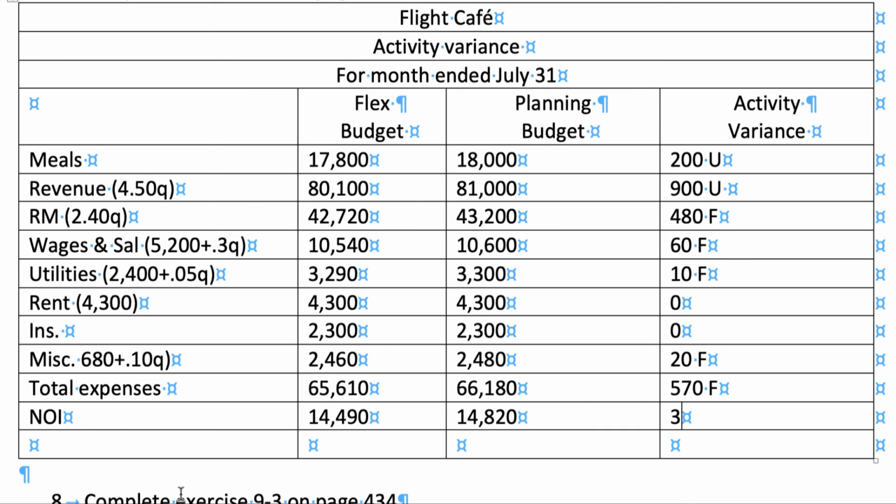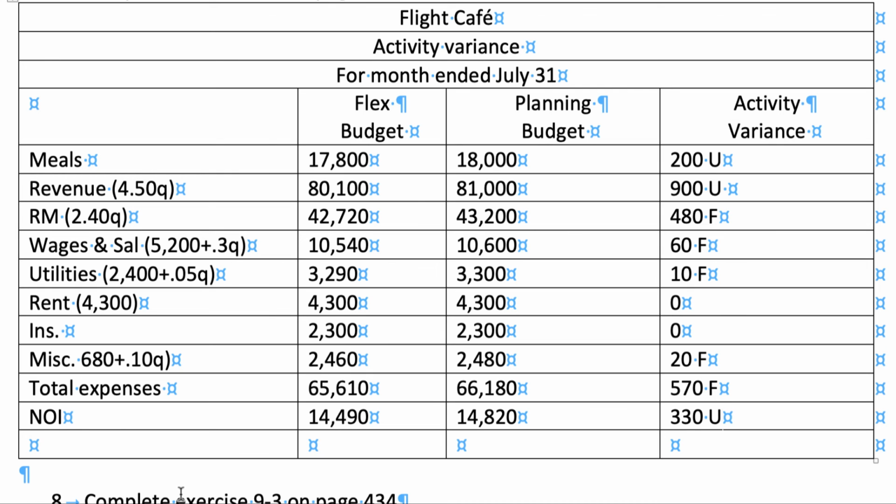There is a $330 difference. Are we favorable or are we unfavorable? Well, now we're looking at income, right? We actually produced less under the flex budget than what the static budget, or the planning budget, says. So since it's less, we must be unfavorable.